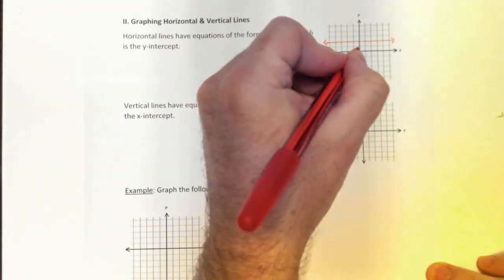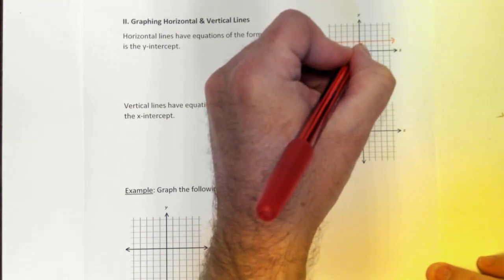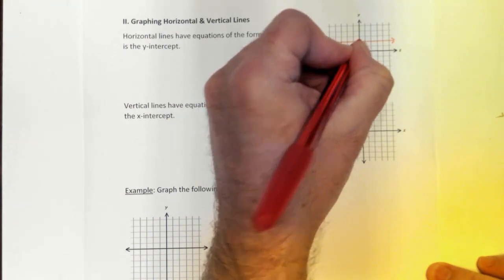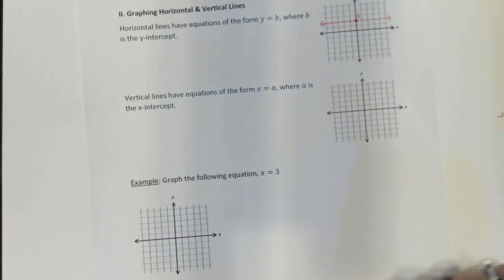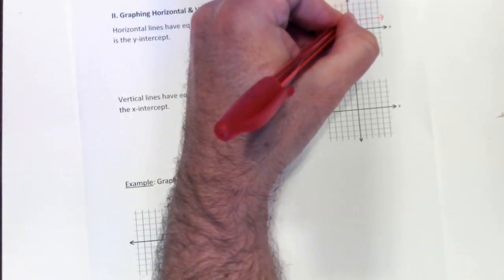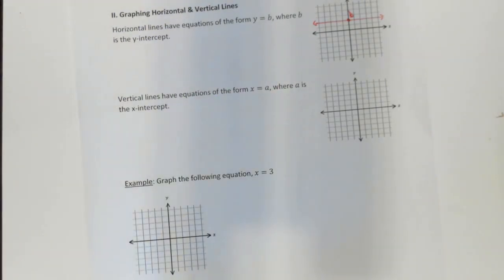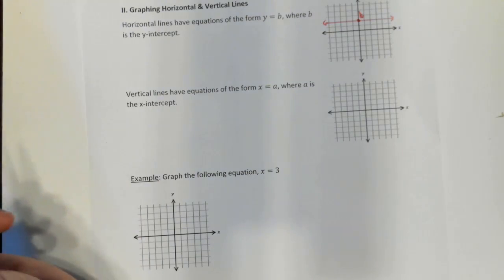This one is going through y equals 2. To stay consistent, let's call this just b. So it has the form y equals b, where b is the y-intercept.